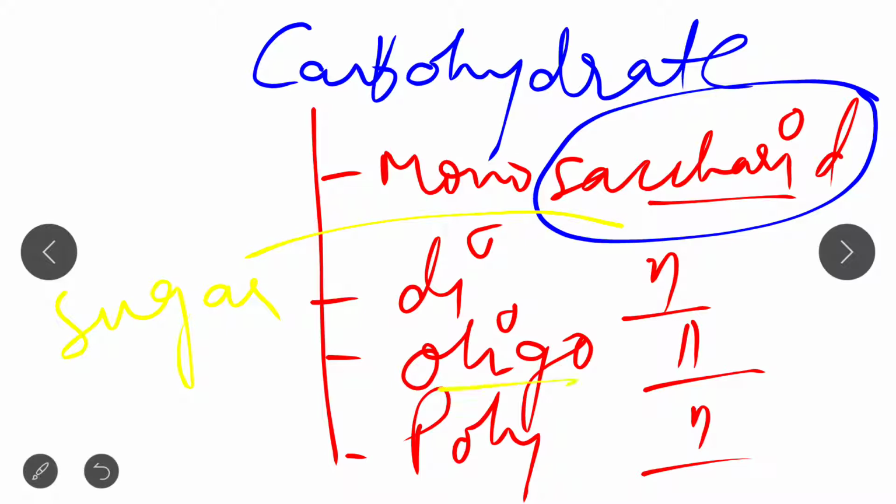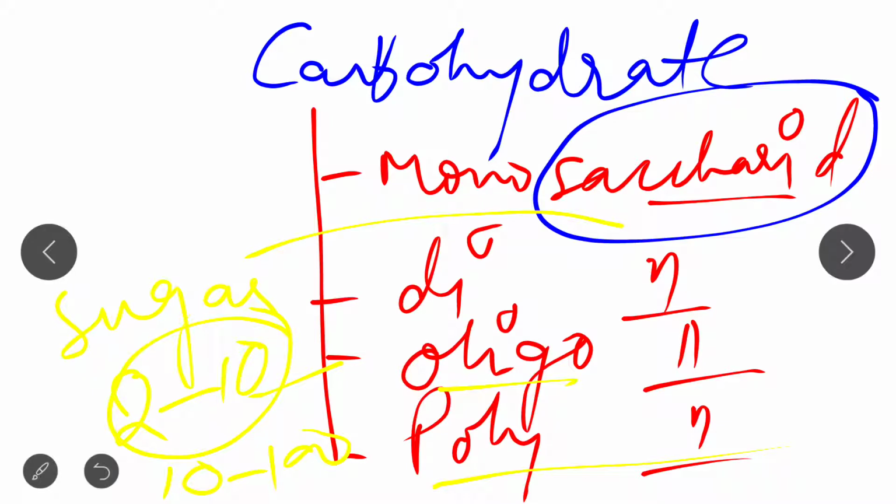Oligo means made up of 2 to 10 sugar residues, that is oligosaccharide. And polysaccharide means more than 10, it may be up to 100 or even more.